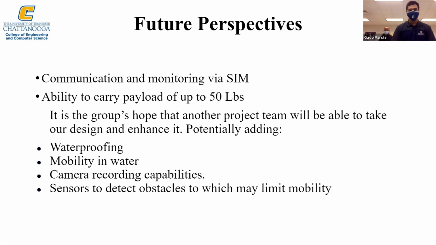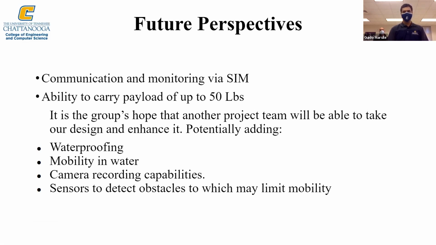So this is what we would consider for future project teams if they wanted to take what we've done and maybe enhance it a little bit. It'd be great if another group could potentially waterproof the robot and then give it mobility in the water.